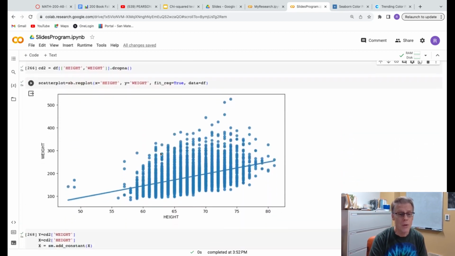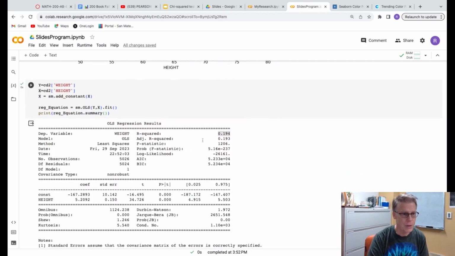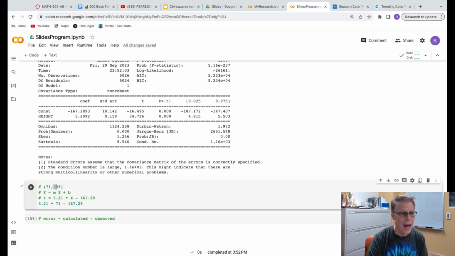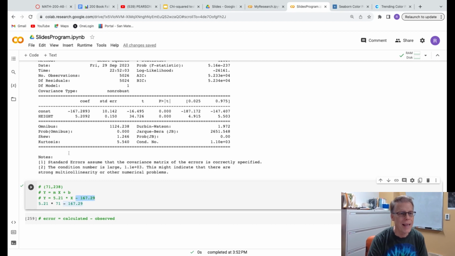Okay, so you may remember that for lines, and this is linear regression, so it's a line, the y, the output, is equal to mx plus b. But where am I getting this m and this b? Here's my y equals m times x plus b, well, I have a minus because it's a negative b. Where am I getting those from?